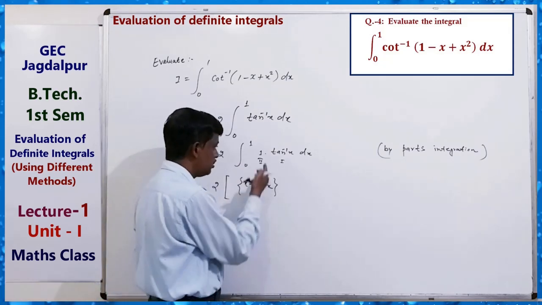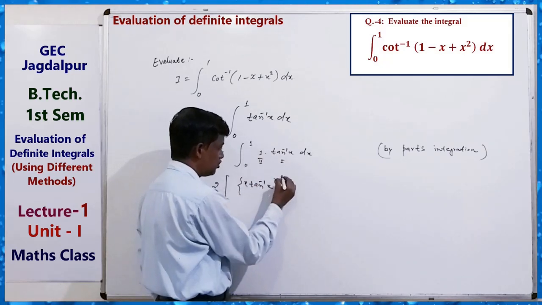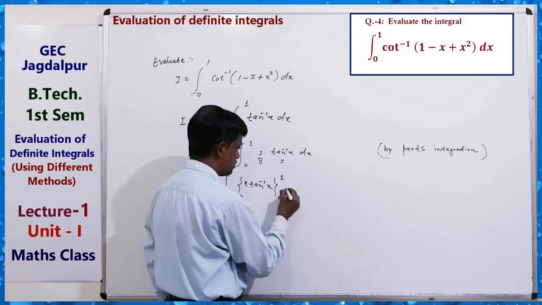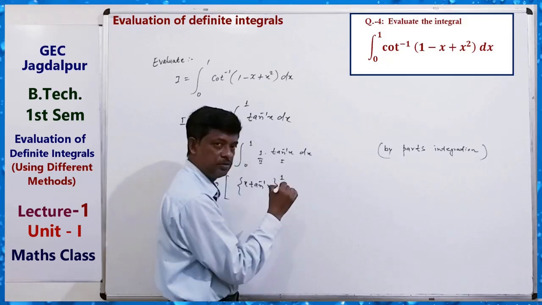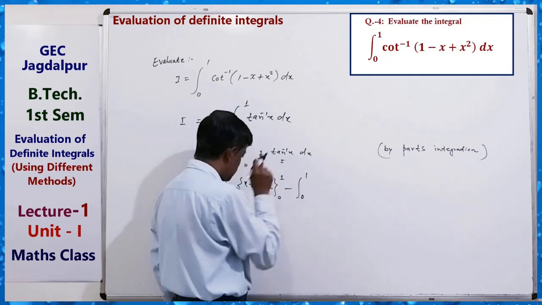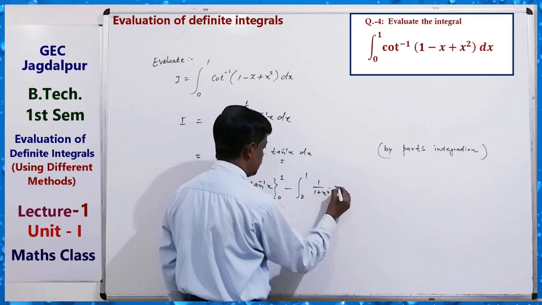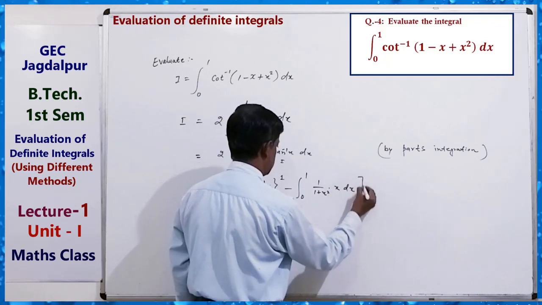So the first part will be the integration of the second function, x, from 0 to 1, minus the integral from 0 to 1 of the differentiation, 1 upon 1 plus x square, times x dx.